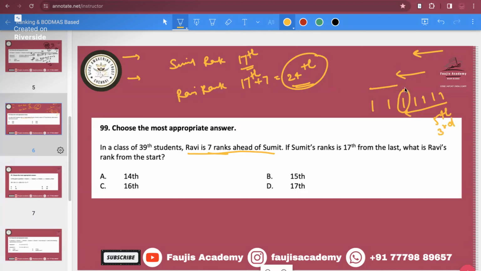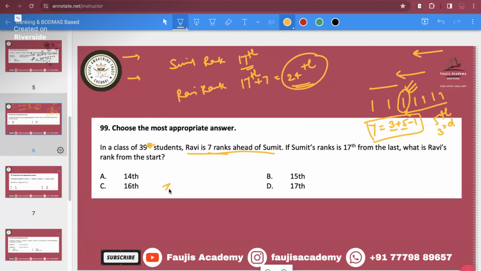Which meant what? From that person's reference, the total number of chaps was equal to his rank from top plus his rank from bottom minus 1. Isn't it? And over here in the class there are 39 students.